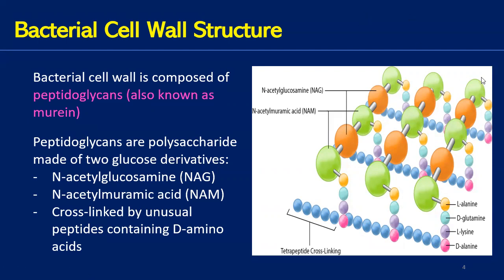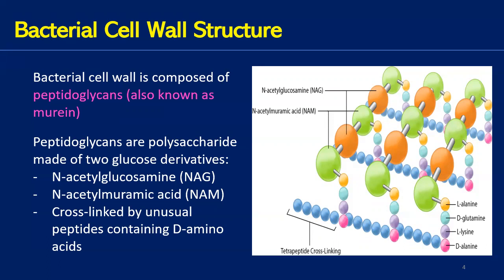And these are the amino acids that link each row of the peptidoglycan. Each row consists of alternating molecules, either N-acetylglucosamine, what we call the NAG, or N-acetylmuramic acid, what we call the NAM.